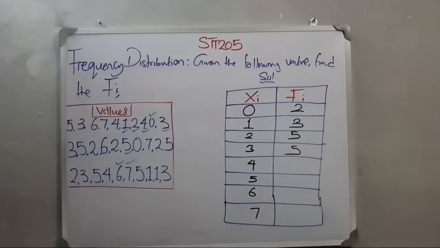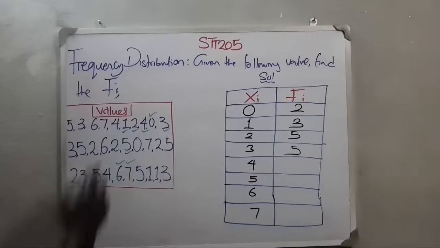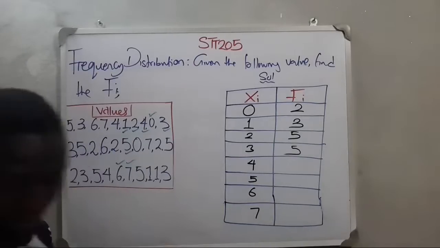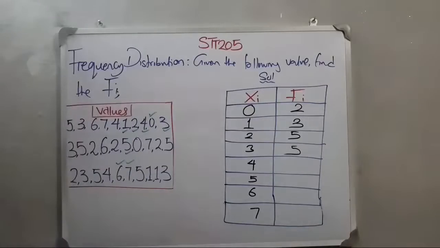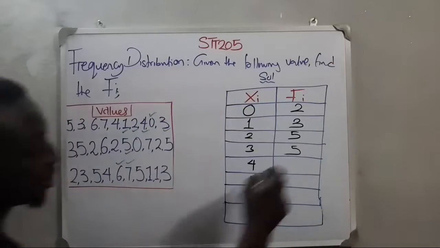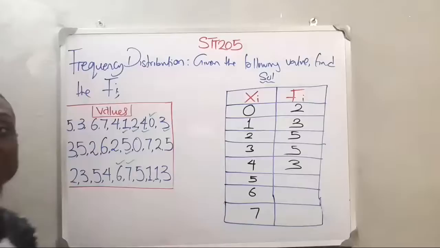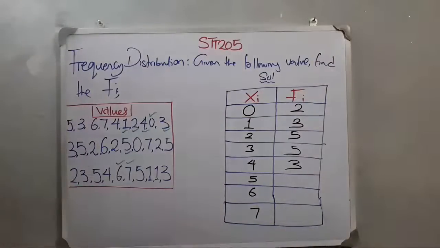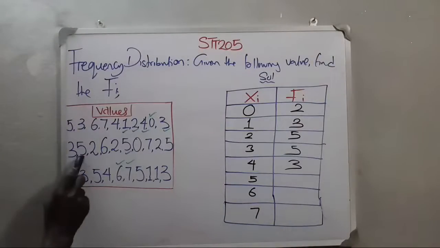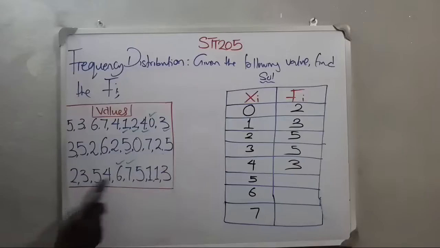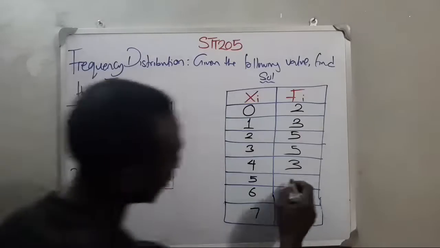Then we check again for 4. What do we have for 4? We have 1, 2, 3. We have 3. So let's check for 5. For 5, we have 1, 2, 3, 4, 5, 6. We have 6.